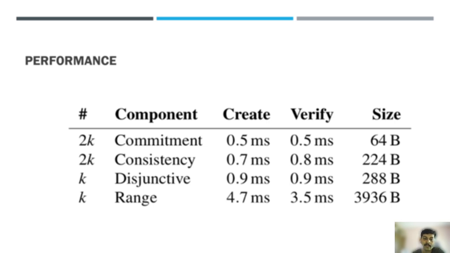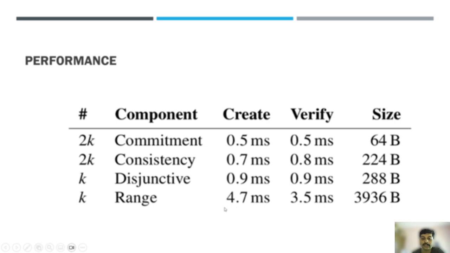The commitment proof in a transaction, the proof of consistency, has to be generated, which I will be telling you about in the coming slides. The consistency proof, the distinctive proof, and the range proofs have to be generated for that number of banks.